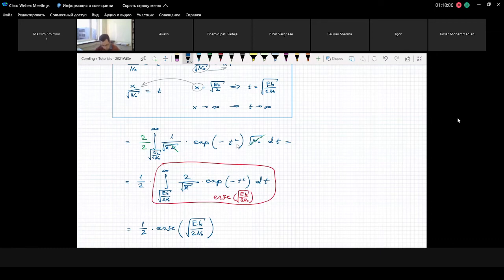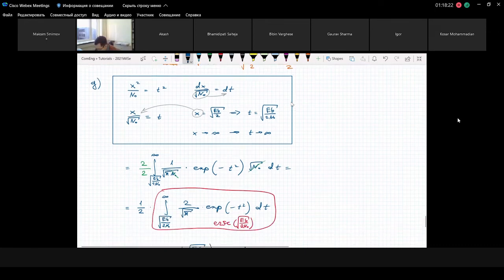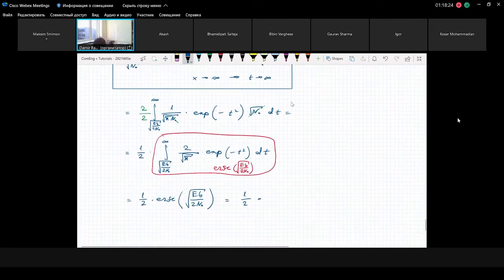But we have this expression, and you can also do one more step and write it as a function of d min. Just remember that for d min, we need to replace EB over 2 by d min over 2. So we get 1 over 2 times the complementary error function of d min over 2 times square root of N naught.